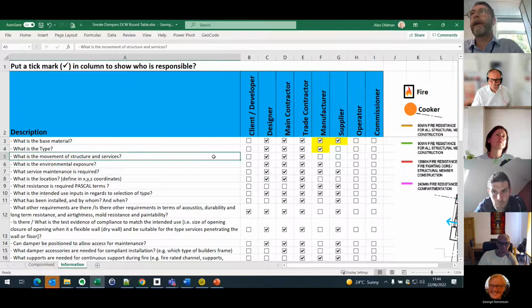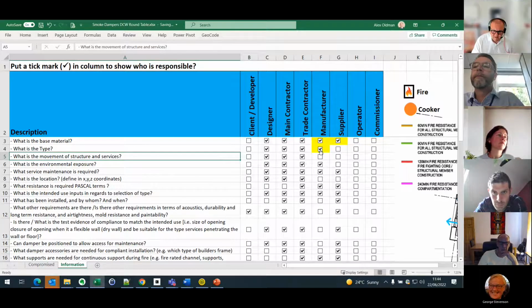So it is the as-built, okay. In which case the type will be confirmed by the manufacturer. And the main contractors have selected that, so that's the information route. So it's not the originator of this. I think this is who's going to be providing the information, who's responsible for it.